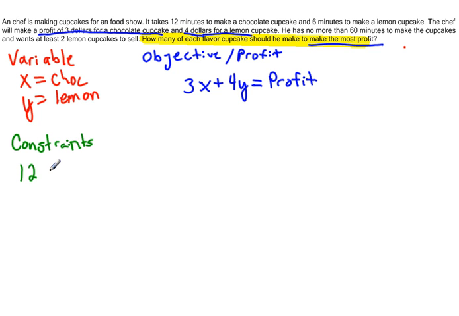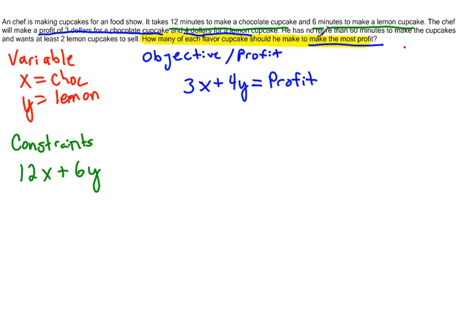So 12 minutes for a chocolate cupcake, so we use 12x because x represents chocolate. And then 6 minutes for a lemon, so that's plus 6y. Okay, great. What else in this problem discusses minutes?